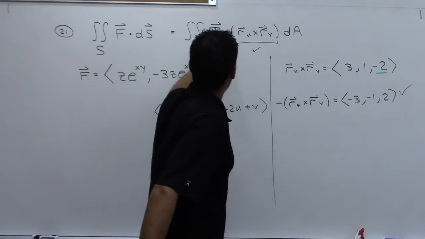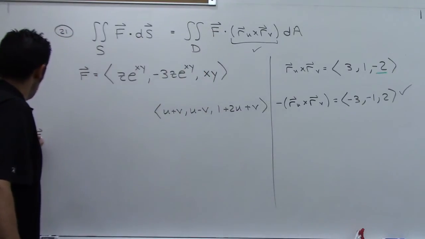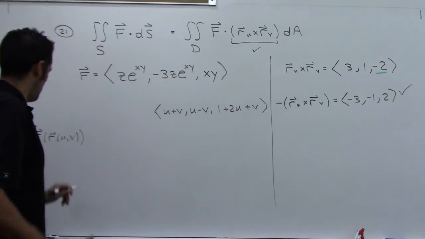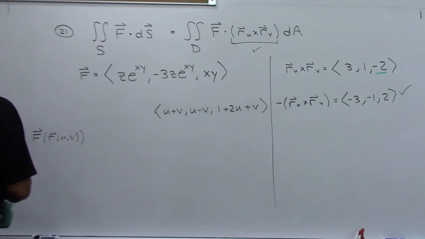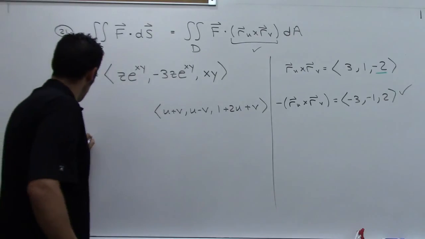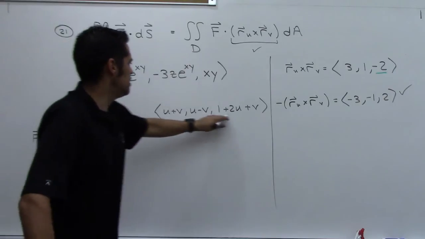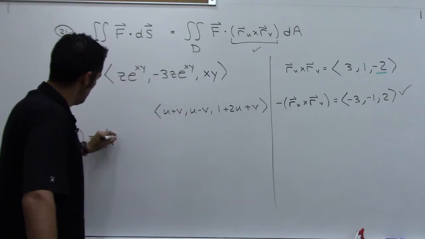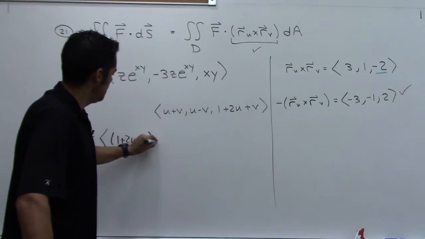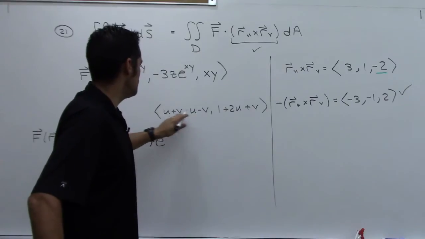Now I need F, which is really the field evaluated on the surface, which is a vector. It is the vector z, which is 1 plus 2u plus v, e to the x times y. X times y, notice that's a difference of squares.